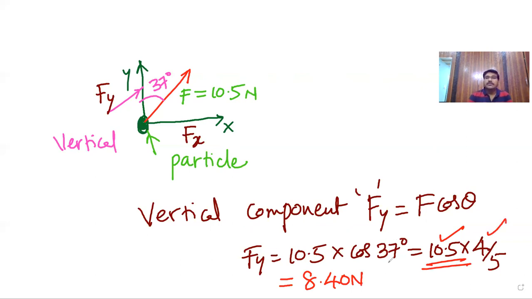So this becomes the final answer. Very simple. F is given and it is making an angle with the vertical, so the vertical component is F cos theta. That's all. Clear? Now let us see the second question.